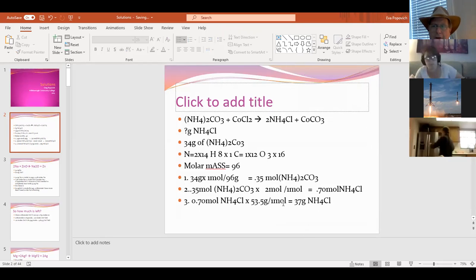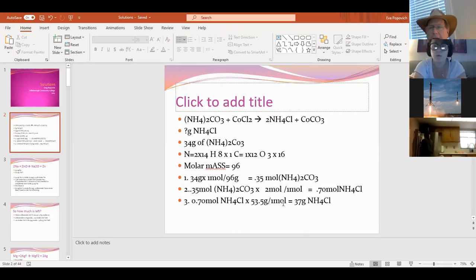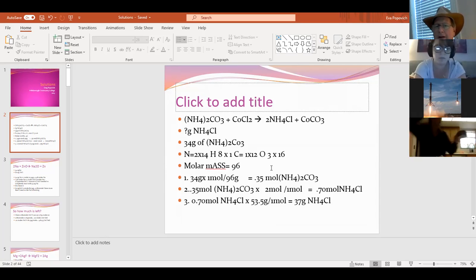Stoichiometry is always a 3-step process. First, turn grams of your known into moles of your known. We did that by taking 34 grams and multiplying by 1 mole over the molecular weight, which was 96. That gave us 0.35 moles of ammonium carbonate.